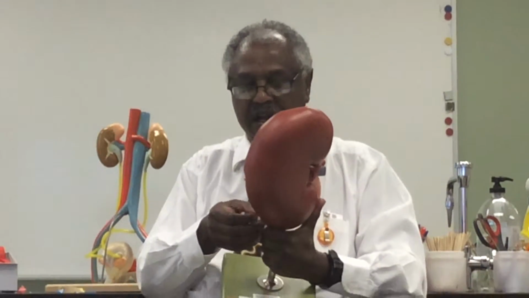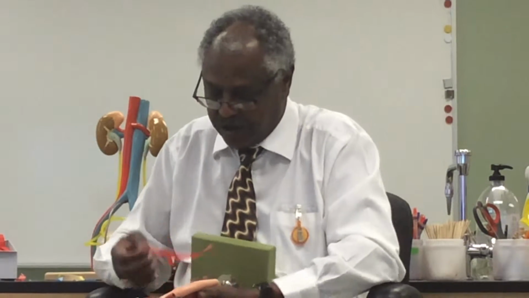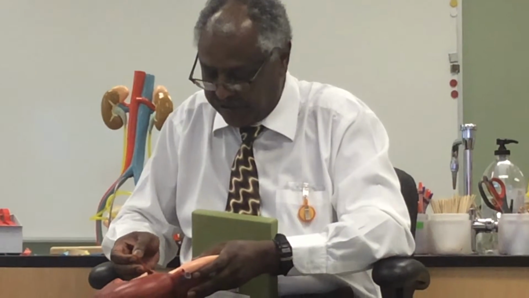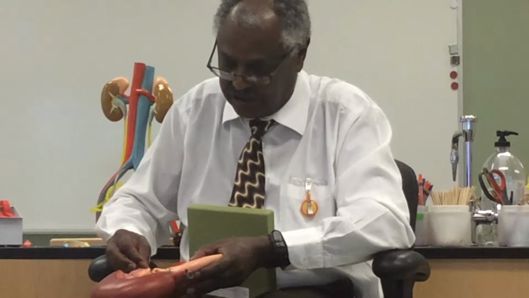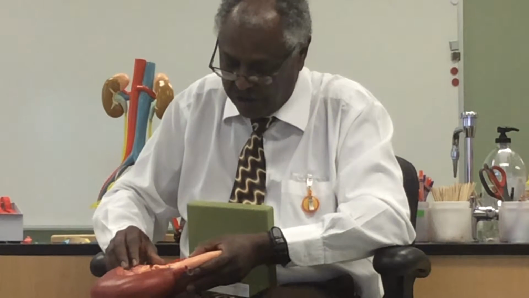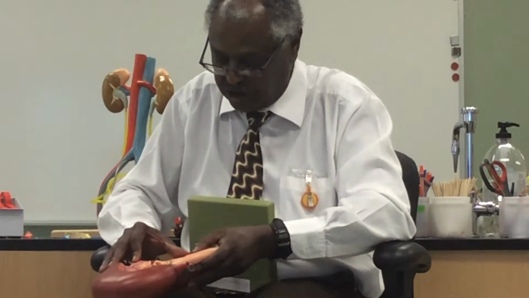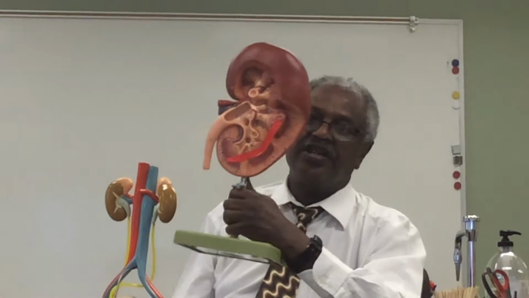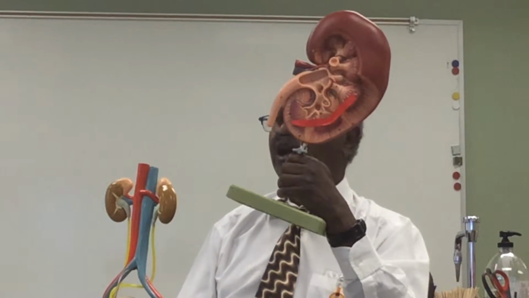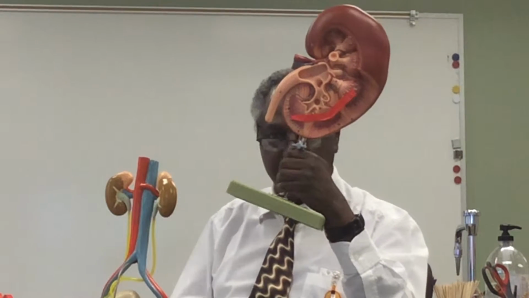Now, if the label happens to be after the cortex and going all the way around like this, covering more than one of those triangular structures, and the question said identify the layer, this is the renal medulla. Okay?